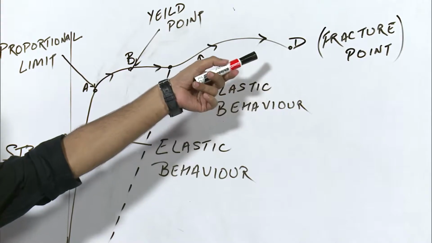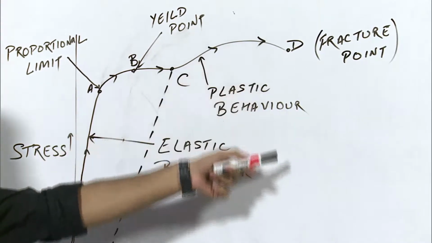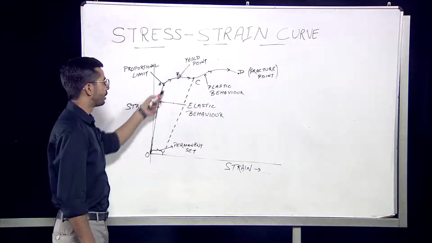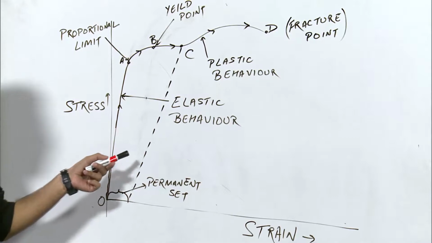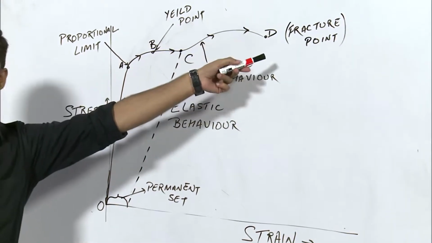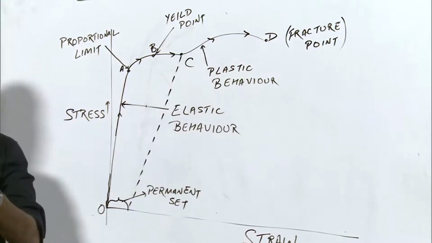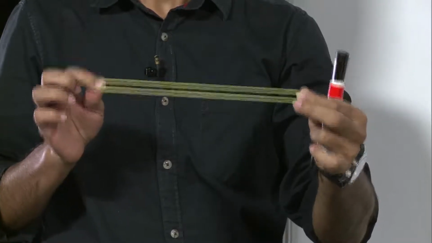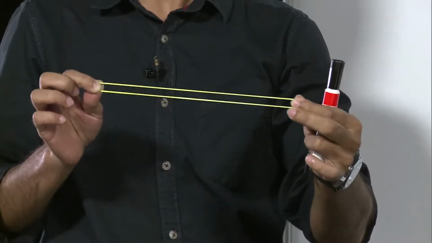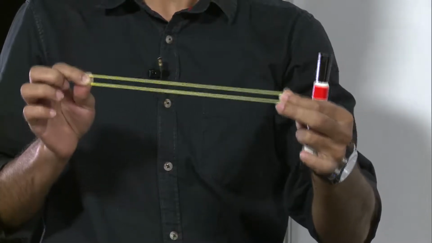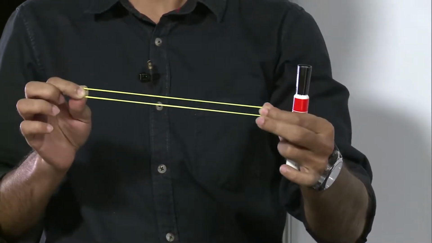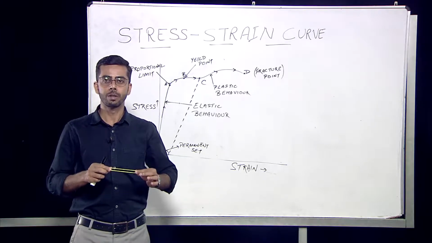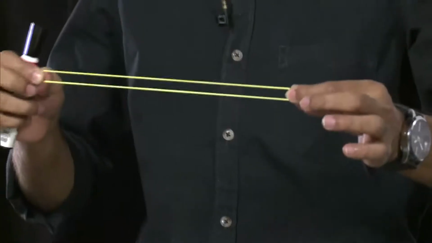The fracture point is that particular point at which the object will not regain its original configuration, and if we apply more strain, the rubber band will break into two parts. Therefore, if the strain reaches the limit of point D, the fracture point is attained.